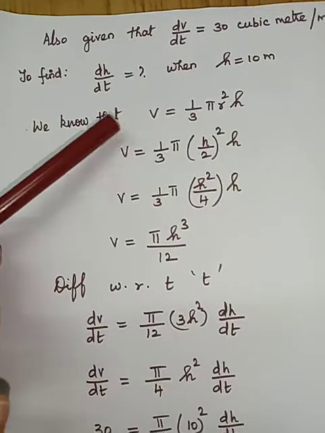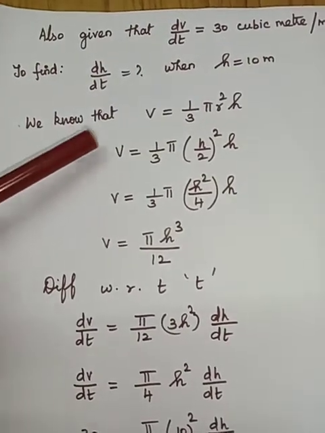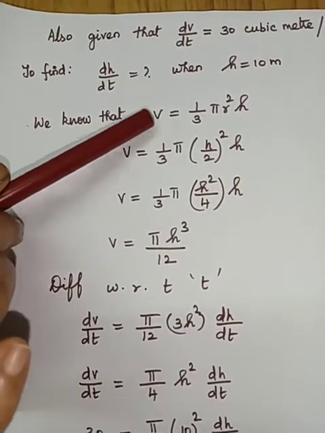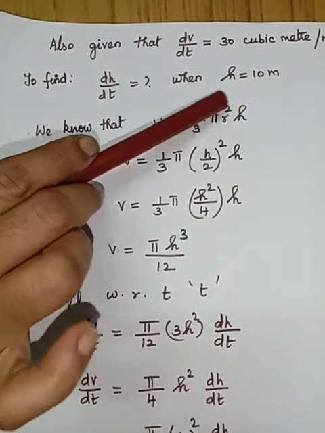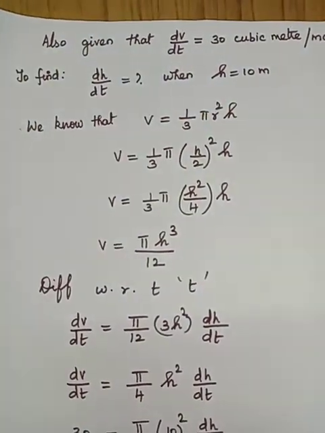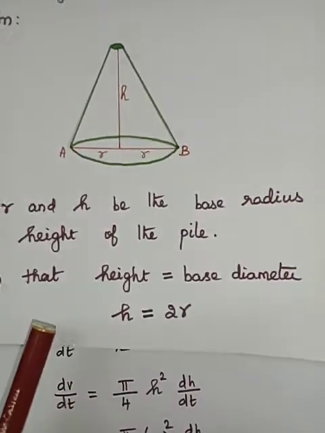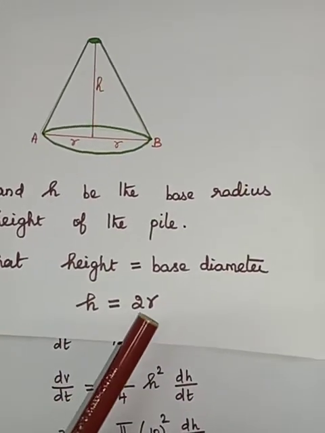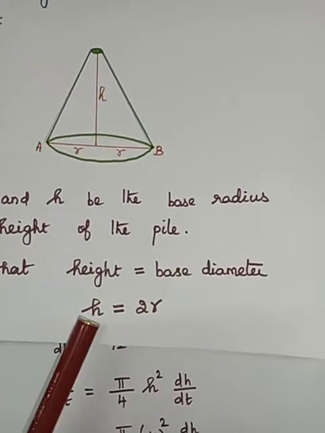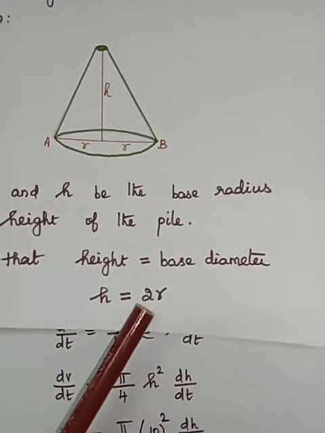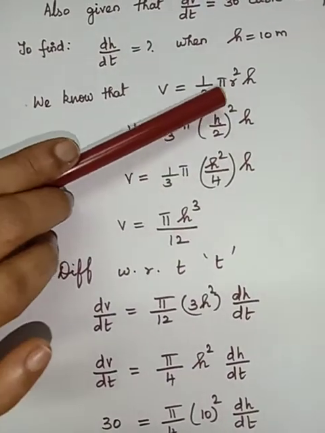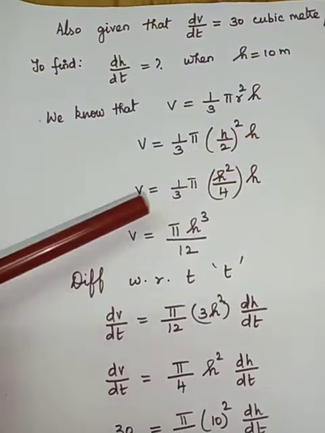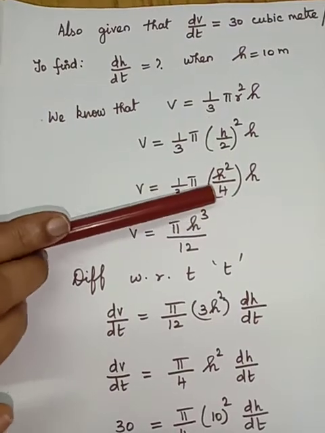It forms a cone. So V, the volume of the cone, is equal to 1 by 3 pi R square H. Here R has to be changed in terms of H. We have the relation H is equal to 2R, so from that R is equal to H by 2. In the place of R you have to substitute H by 2 the whole squared into H. So it is H squared by 4.